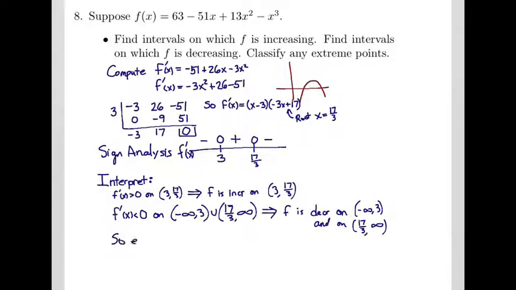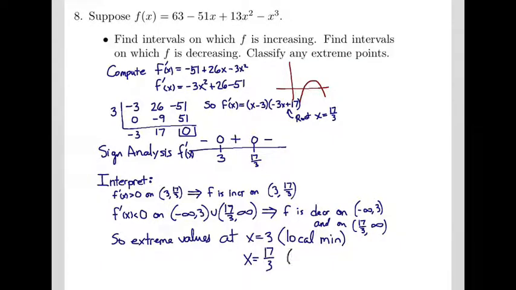We have extreme values at x equals 3, which is a local minimum, and at x equals 17/3, which is a local maximum.